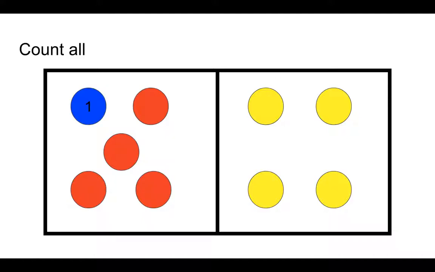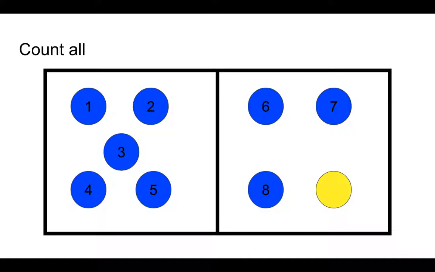It would sound like this: 1, 2, 3, 4, 5, 6, 7, 8, 9. I counted every single one. You can see that because now they're blue and I put a number on them. So counting all, I touch and count each and every single piece that's in my problem. So now I know by counting every single one, or counting all, that I have 9.